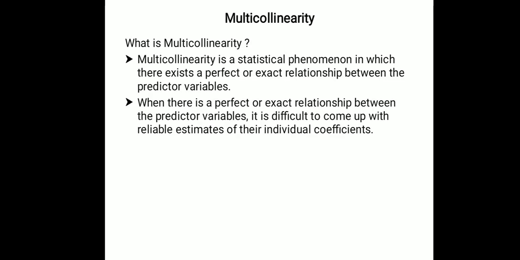Multicollinearity. Collinear means associated. Multi, they are associated, more than one. So I can give an example, an idea of that. Suppose consider the example of crop yield and its dependence. Crop yield depends on so many factors.